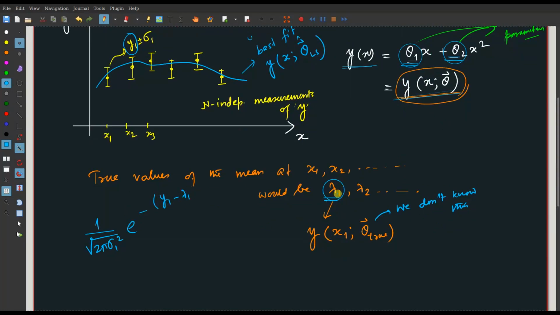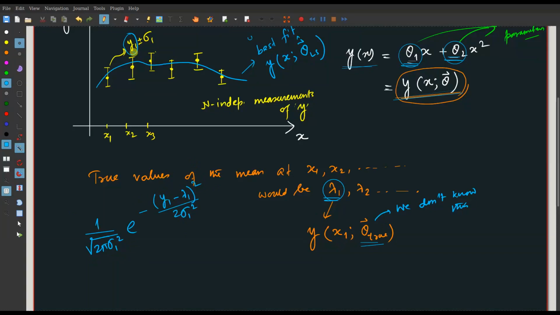By the way, of course, this lambda 1 is a function of theta, because lambda 1 depends on theta as well. So this is the probability, or rather the probability density, that we find y1 at the value that we observe.